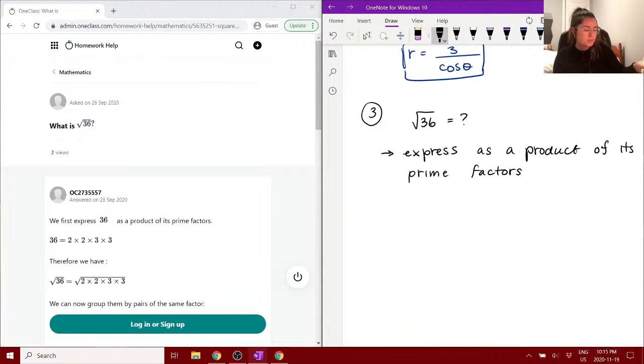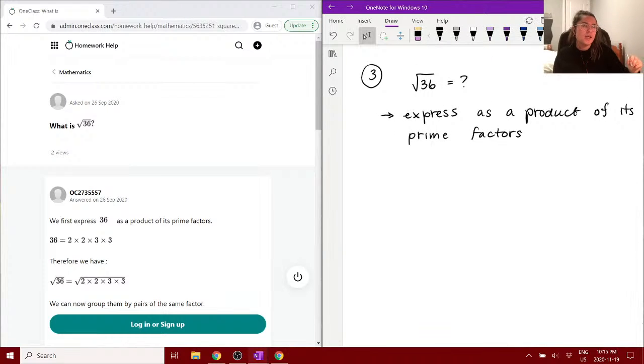So thinking about prime factors, we can think of a factor tree, which might help you split it into its prime factors. So this is called a factor tree. If we want to split 36 into prime factors, you can think about dividing it by a prime factor.